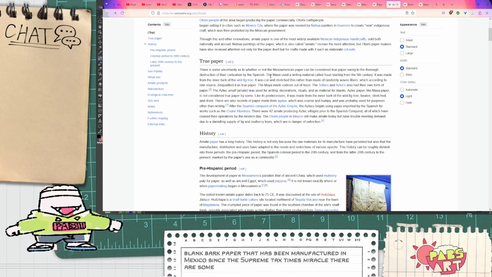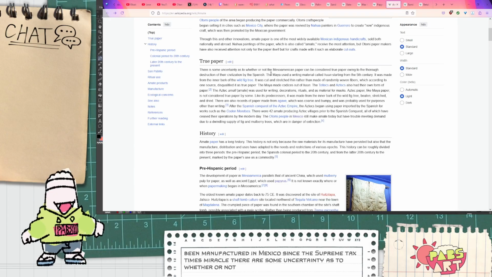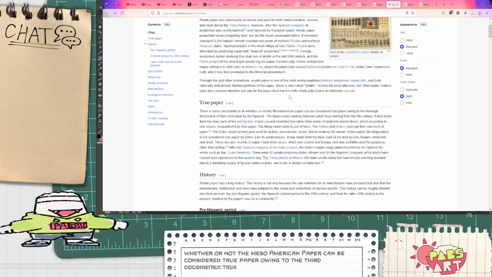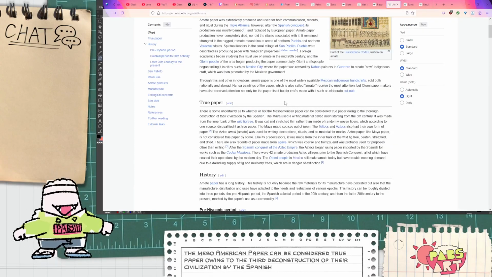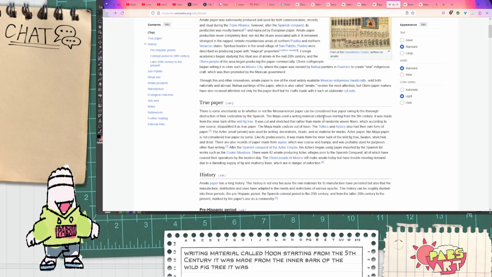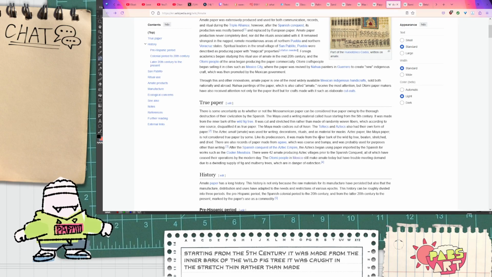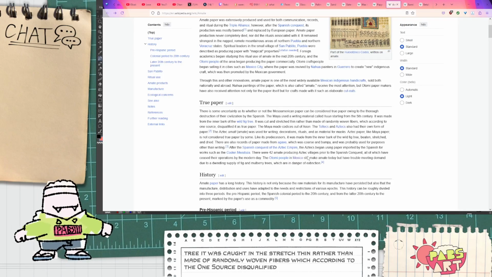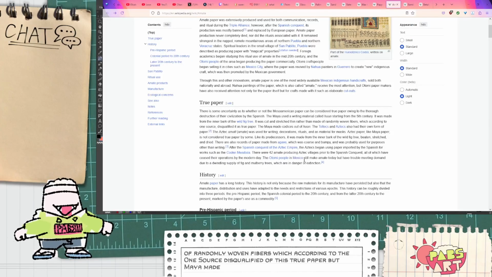There is some uncertainty as to whether or not the Mesoamerican paper can be considered true paper, owing to the thorough deconstruction of their civilization by the Spanish. The Maya used a writing material called hun, starting from the 5th century. It was made from the inner bark of the wild fig tree. It was cut and stretched thin rather than made of randomly woven fibers, which according to one source disqualified it as true paper. The Maya made codices out of hun.